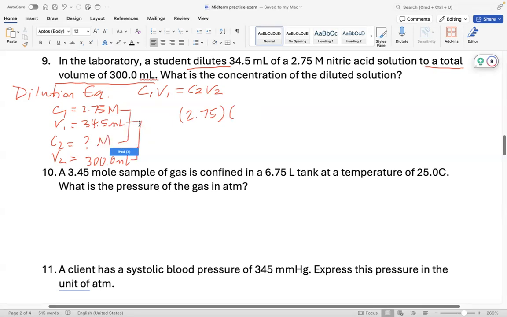Our units just need to match. So 2.75 times 34.5 equals X times 300.0. So I'm going to divide each side by 300 to get X by itself.